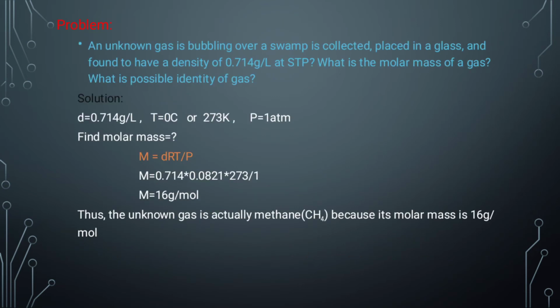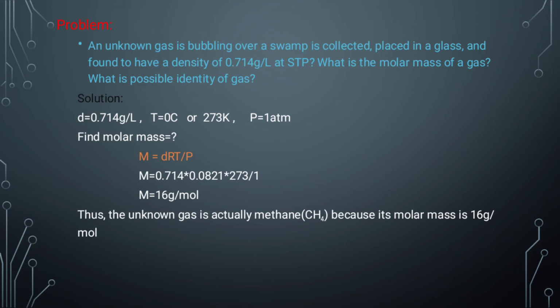Problem. An unknown gas bubbling over a swamp is collected in a glass and found to have a density of 0.714 gram per liter at STP. What is the molar mass of the gas? What is the possible identity of the gas? Solution. D = 0.714 gram per liter. T = 0 degrees Celsius or 273 Kelvin. P = 1 atm. To find the molar mass, M = DRT/P.